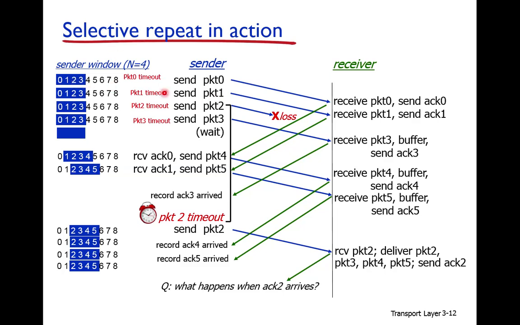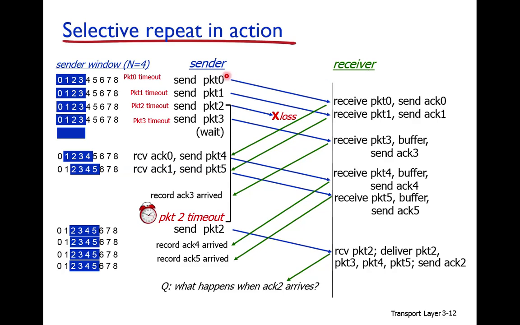Packet with the sequence number 4 cannot be sent. Why? Because the window size is equal to 4, so 4 packets can be sent at a time. And you can see that for each packet, the timer is started: for packet number 0, 1, 2, and 3.